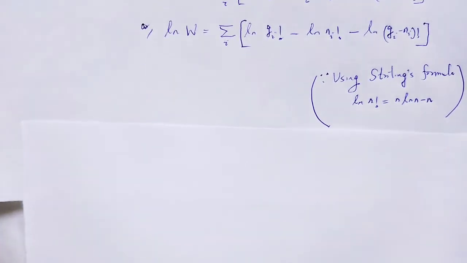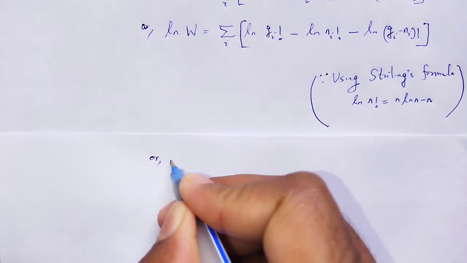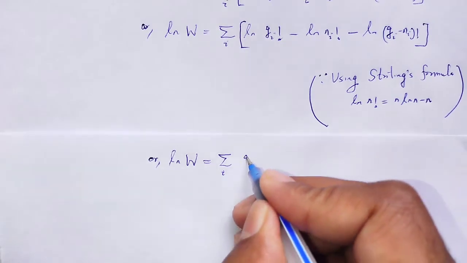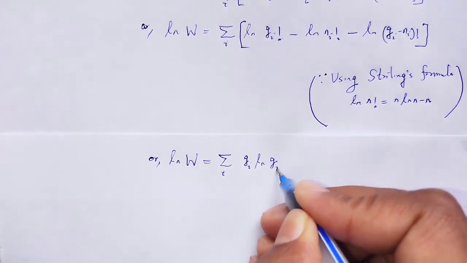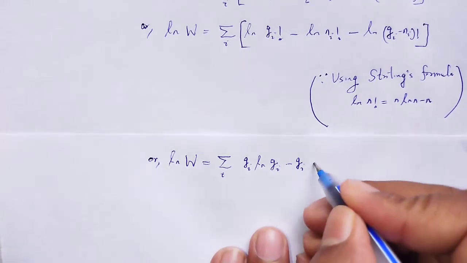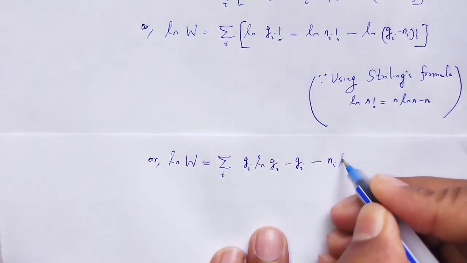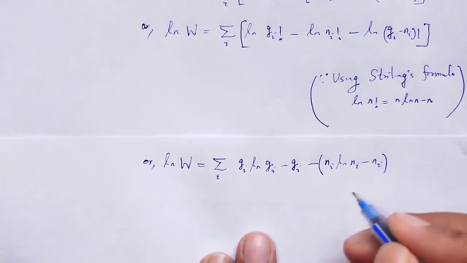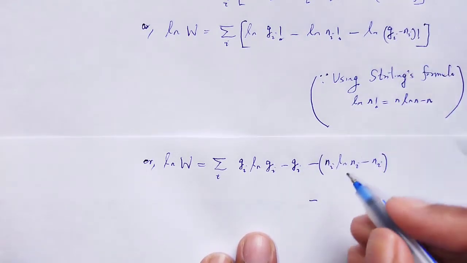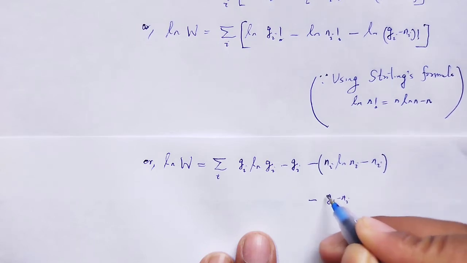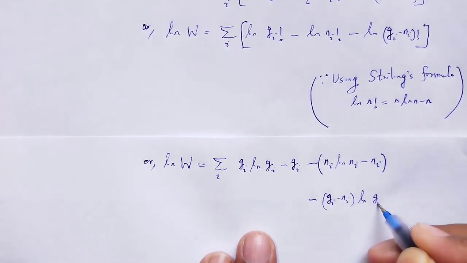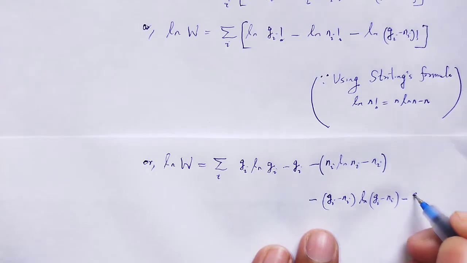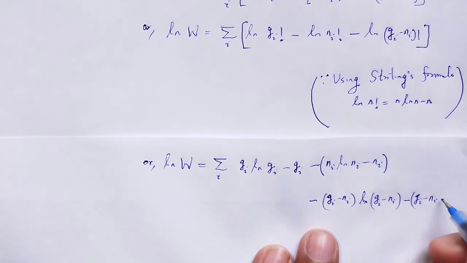Therefore, ln W is equal to summation over i of Gi ln Gi minus Gi, minus Ni ln Ni minus Ni, minus Gi minus Ni ln Gi minus Ni minus Gi minus Ni.